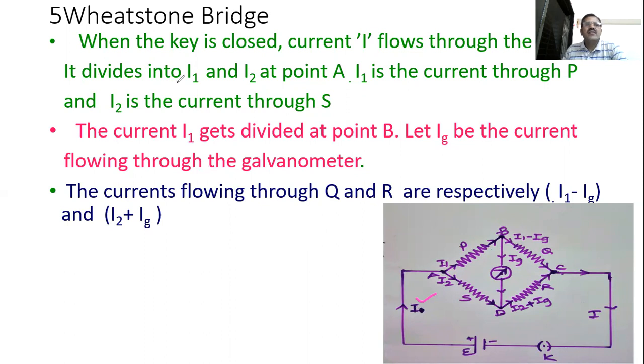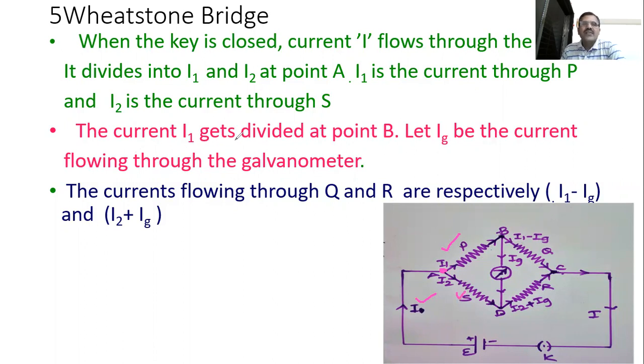It divides into I1 and I2 at point A. Current I1 flows through resistance P and current I2 flows through resistance S.